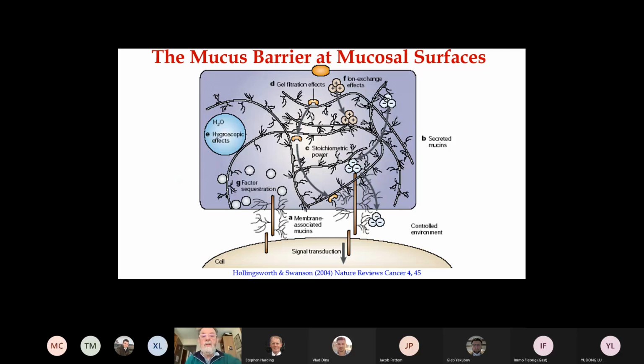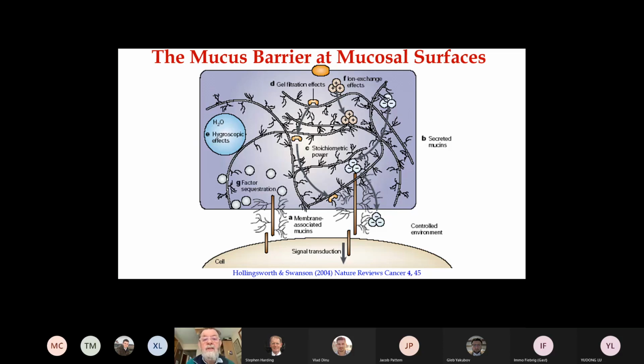These mucins have a number of different properties. They bind water, so they have hygroscopic effects. They act as a network and filter anything that comes onto the surface of the gel layer. They have charge, positive due to protein, negative due to the sialic acids and sulfates, and they have stoichiometric power.